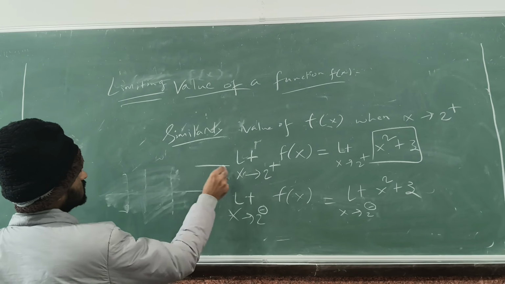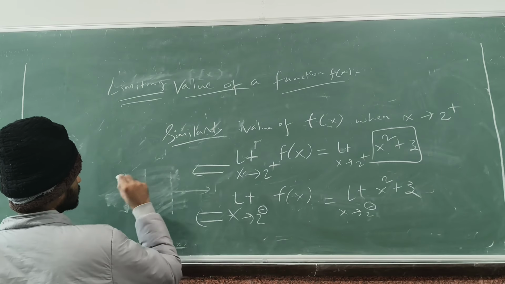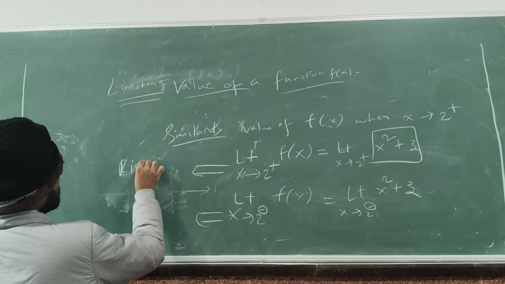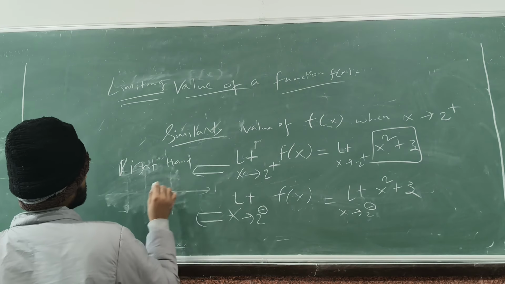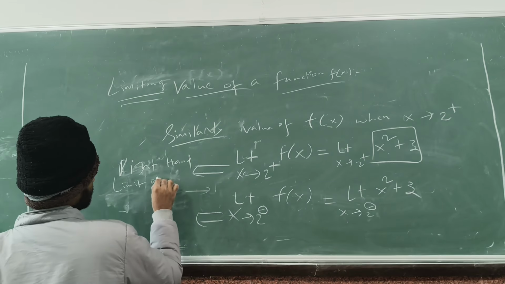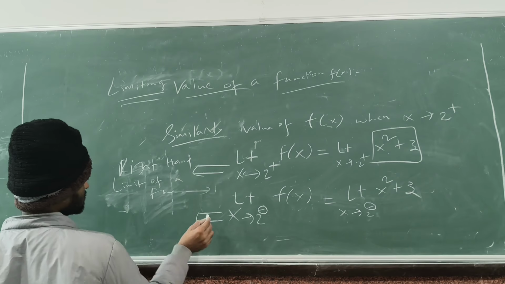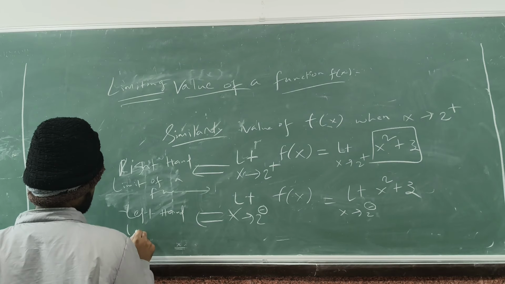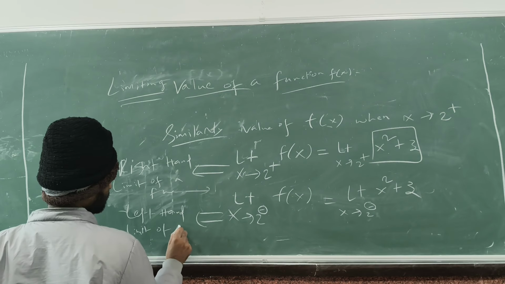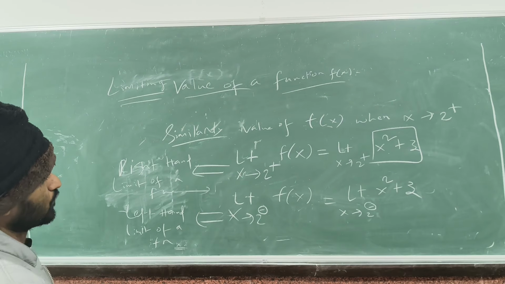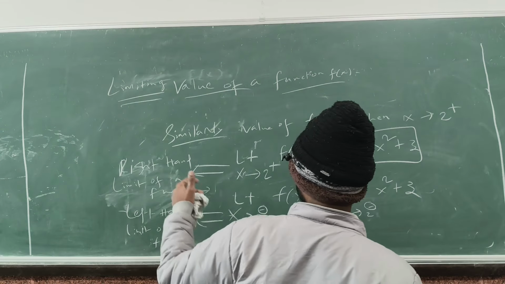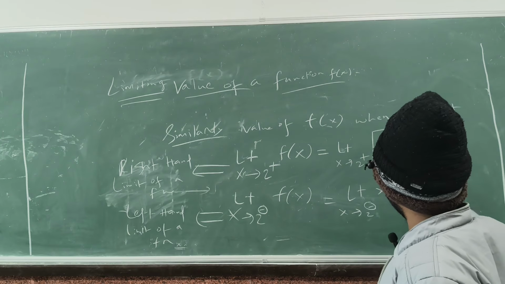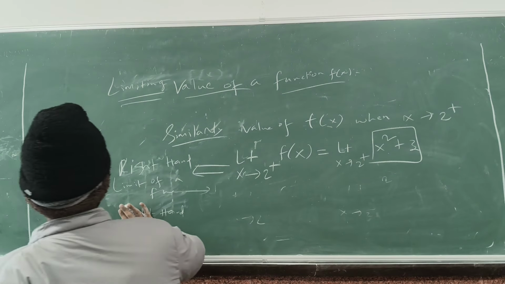And this is what we call the left hand limit of a function. This is what we call the right hand limit of a function. LHL, RHL: left hand limit and right hand limit of a function. Okay, this is what we call limiting value of a function.